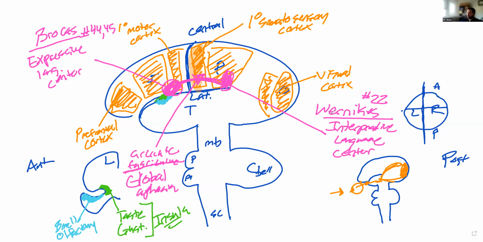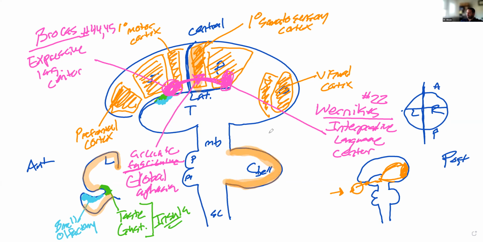for your cerebral cortex. And we can also say that we have a cerebellar cortex. Just like we had cortex in the cerebrum, we also have cortex on the outer surface of the cerebellum.